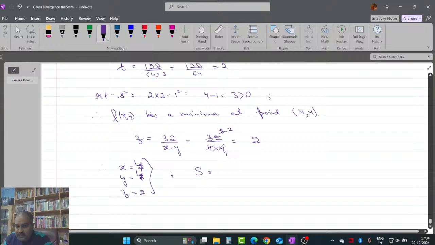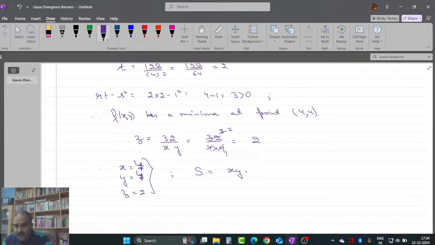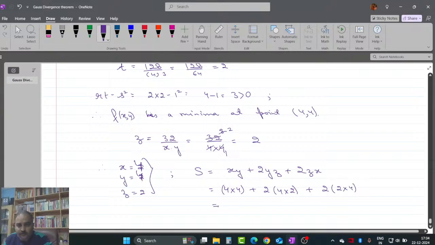And they require the surface area, so surface area was xy plus 2 times yz plus 2 times zx. So x is 4 and y is 4, plus 2 times y is 4, z is 2, plus 2 times z is 2, x is 4. So 4 4s are 16 plus 2 times 4 2s are 8 plus 2 times 4 2s are 8.